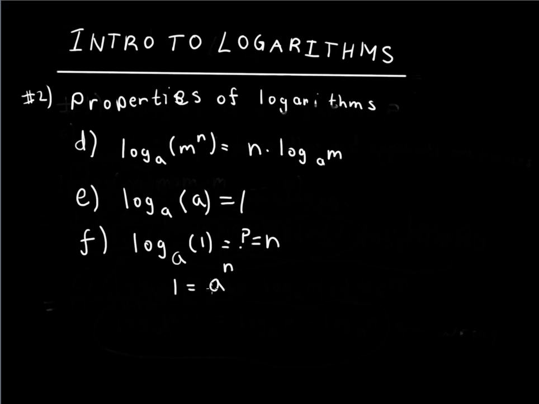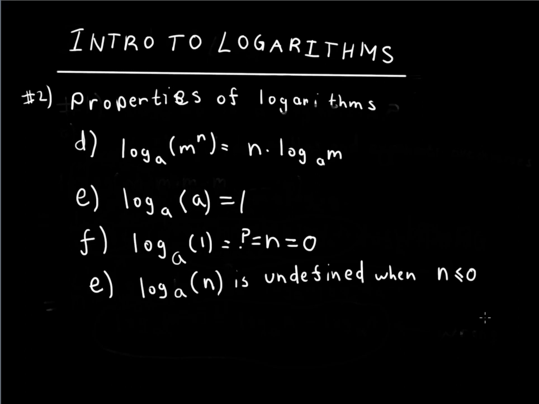And for any value when a isn't 0 or 1, n has to be equal to 0. And so that means that this is going to be equal to 0. And that's another really important rule for the properties of logarithms.